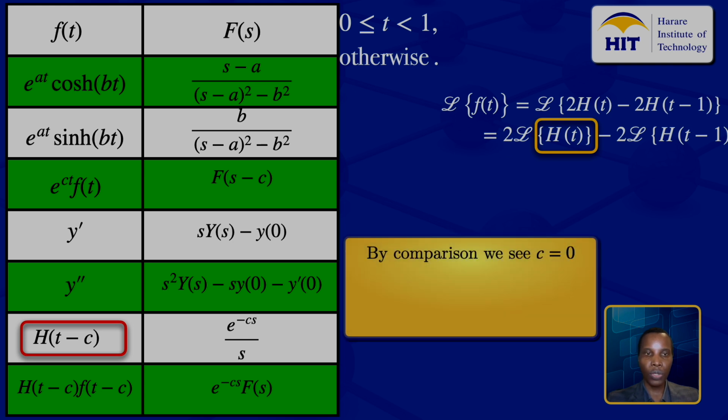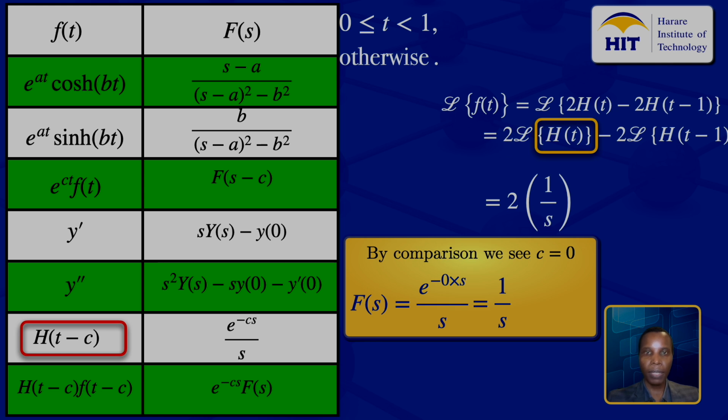So if c equals 0, we substitute it here. Then the Laplace transform is e to the power of minus 0 times s, divided by s. The exponent of 0 gives us a 1. So our Laplace transform simplifies to 1 over s.